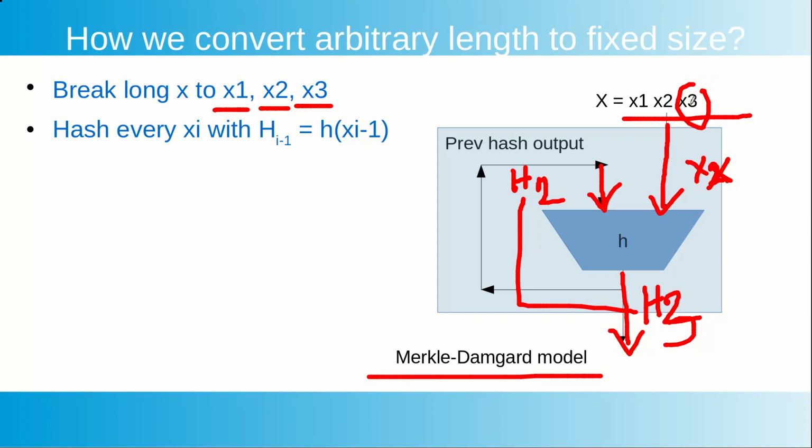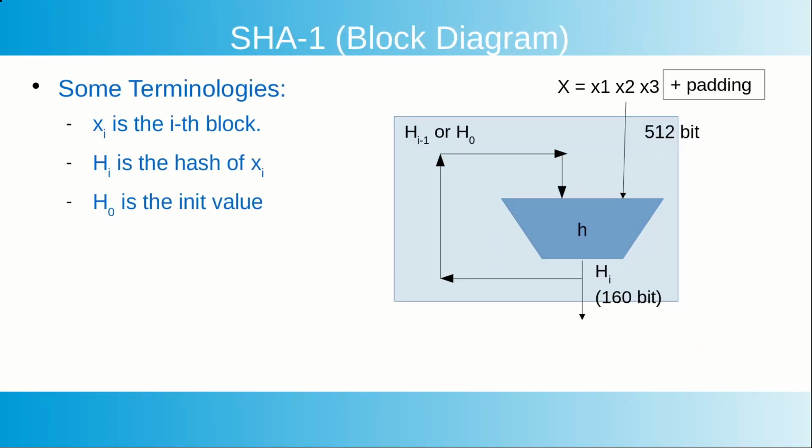So in that way we will take block by block of the original text and generate the hash output, and the final block's output will be the output of the actual text using this hash function. That is called Merkle-Damgard model, and most of the modern designs follow this model, and SHA-1, which is a secure hash algorithm, also follows the same model.